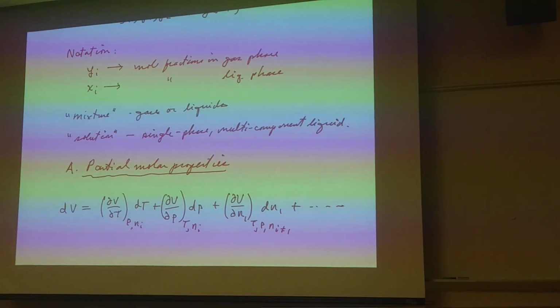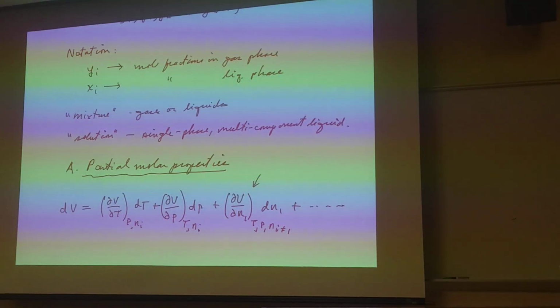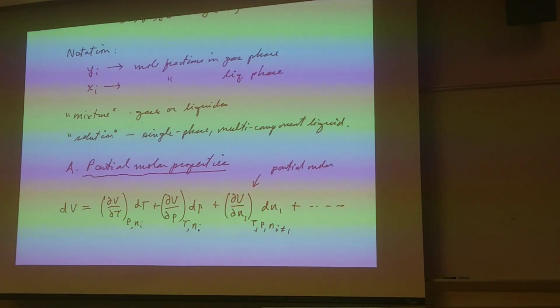And so what we can see is I can describe these changes that occur with composition by terms of this type. These are so-called partial molar properties. So this is what we call the partial molar volume. Now I want to examine that idea a bit more closely, so let me make a diagram here.